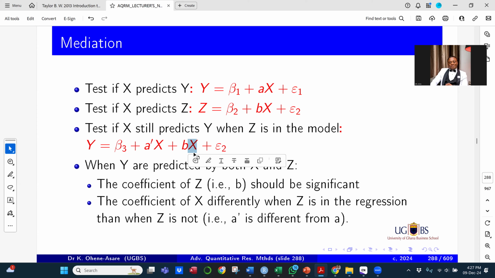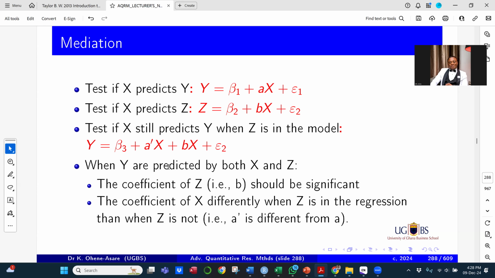So in this case, you are mediating the effect of X on Y using the Z. So the Z now becomes a mediating variable.